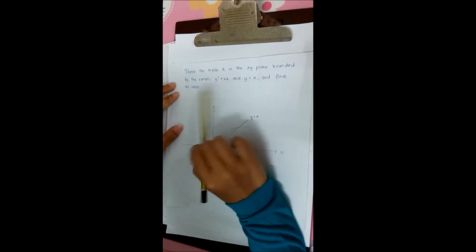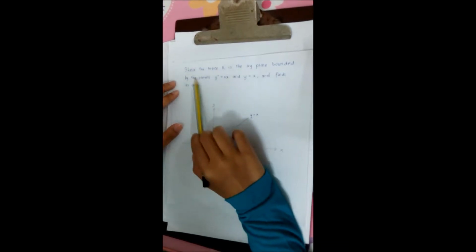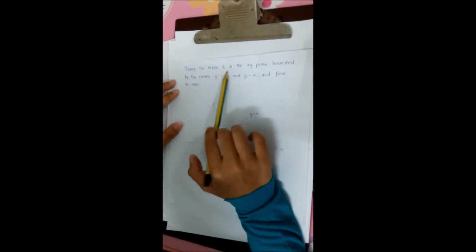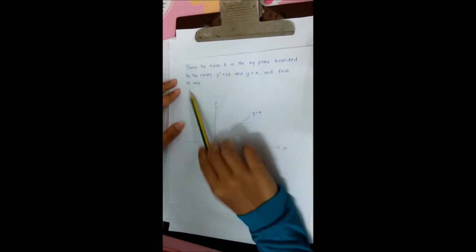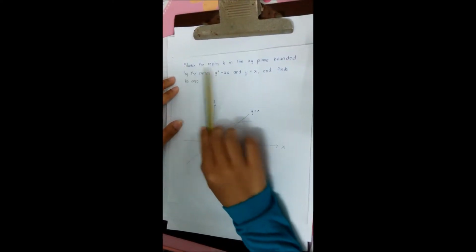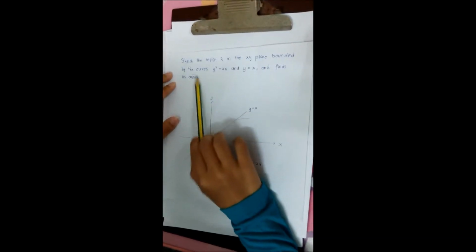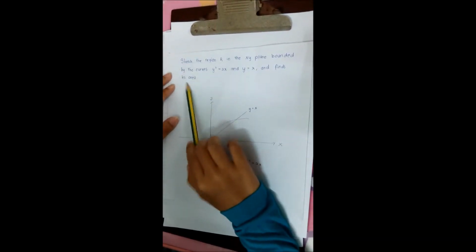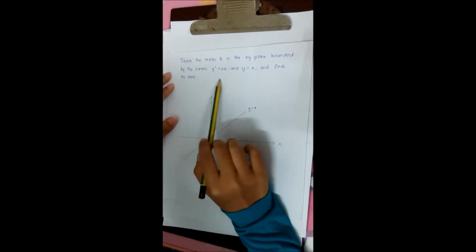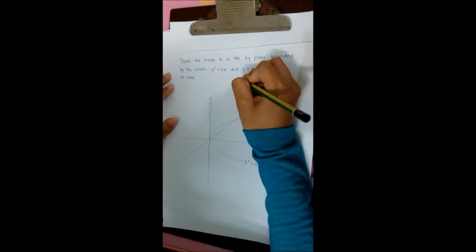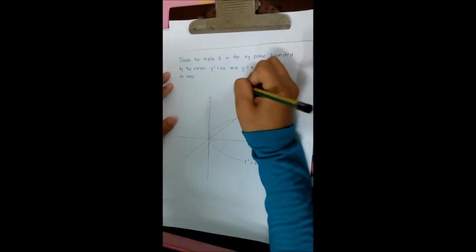The question asks us to sketch the region R, bounded by the two functions, and find its area. First of all, we have to sketch the region R, and after that we can find the area. To find the area, we must sketch, because we want to find the multiple integral of x and y.